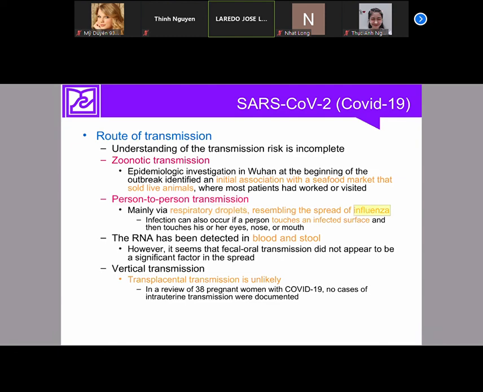So inhalation of droplets, contact with droplets with our hands to our face. The RNA of the virus has also been found in blood and stool. But it seems that transmission from stool is not possible, though we are not very sure. So fecal-oral transmission seems not to be important, okay? We find the RNA in stool because we find the RNA of many coronaviruses in stool.